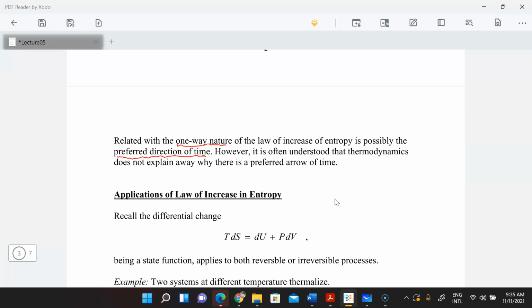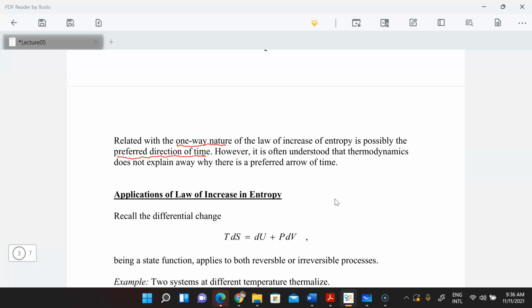It will no longer go back to the original volume. So in that sense, the expansion of the gas also tells you how the system evolves with time, because you only sense the changes in the system through the evolution of time.